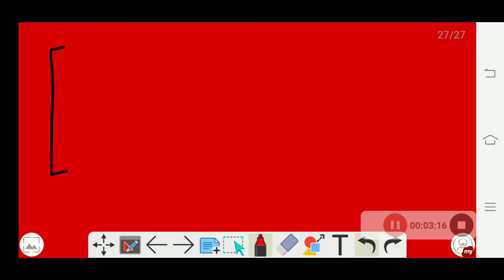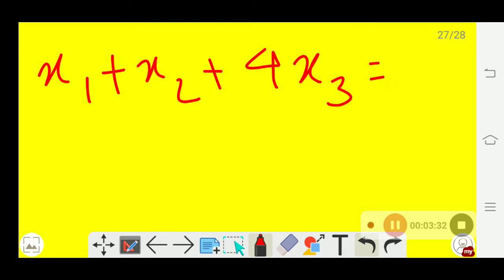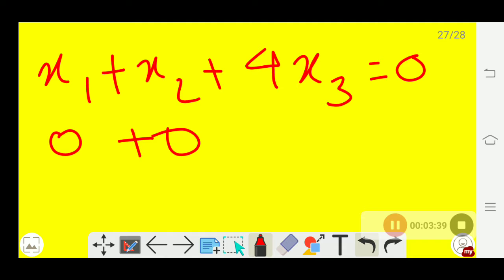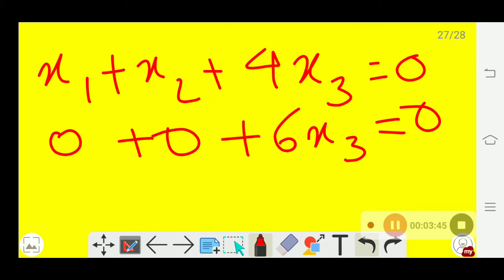The solution is x1 plus x2 plus 4x3, 0 plus 0 plus 6x3, and 0 plus 0 plus 3x3.